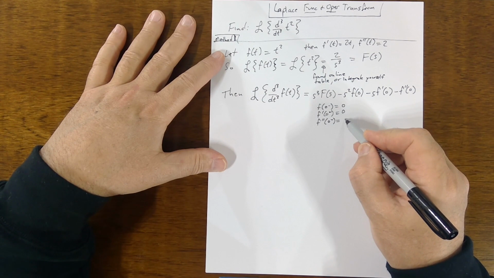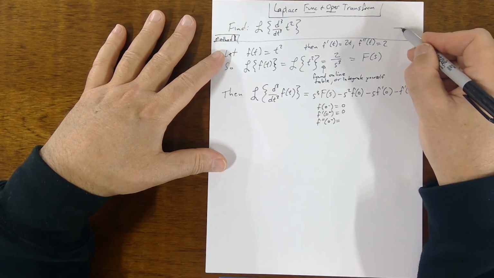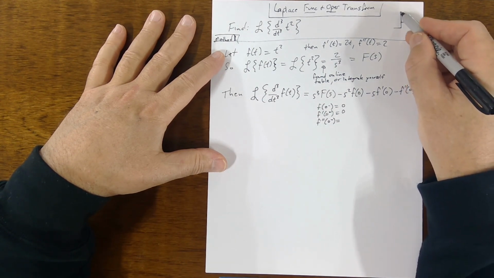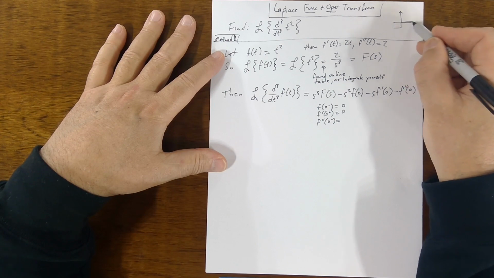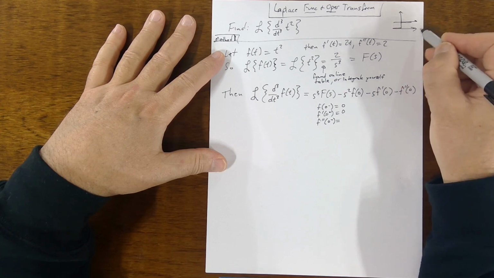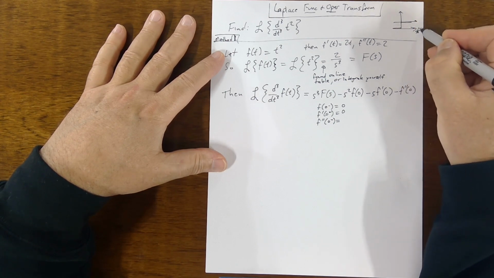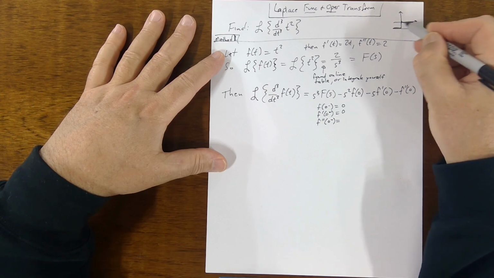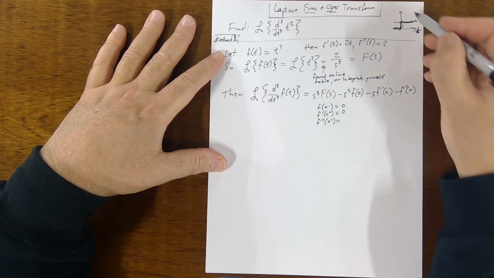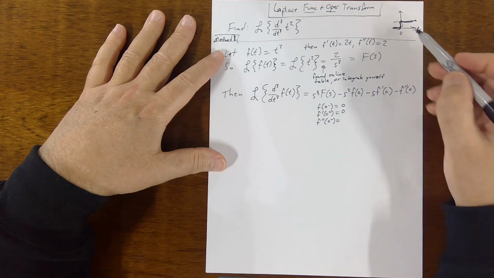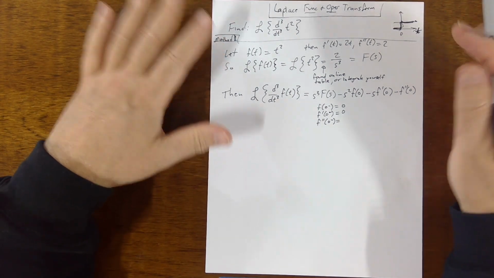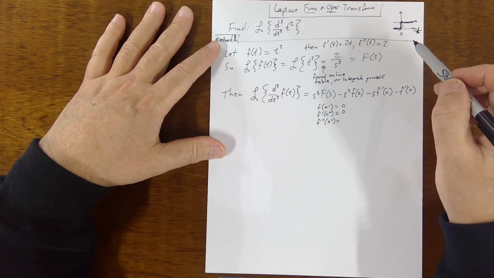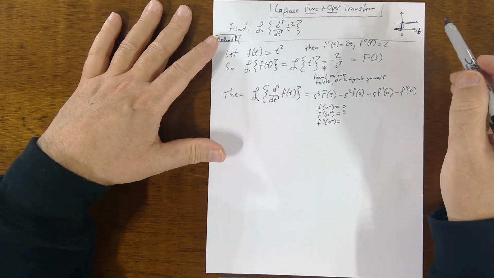These Laplace things are one-sided Laplace transforms. They're only defined, they only work after 0. There's like a step function implied, u of t is implied kind of everywhere.